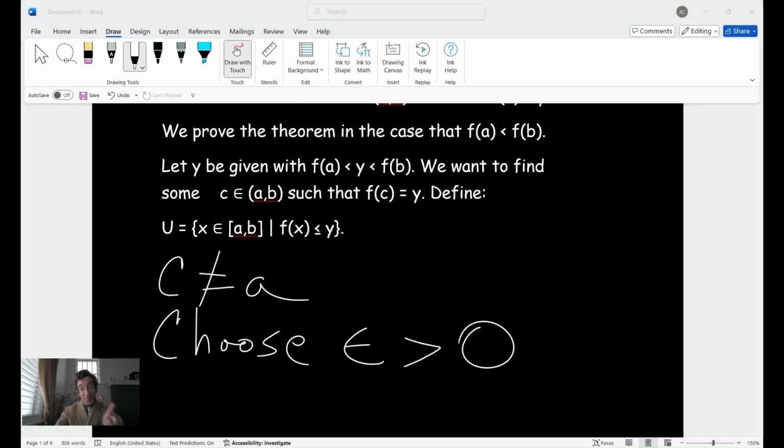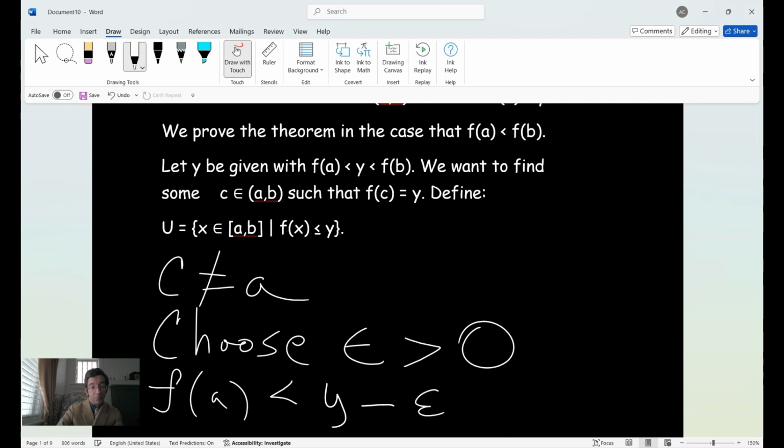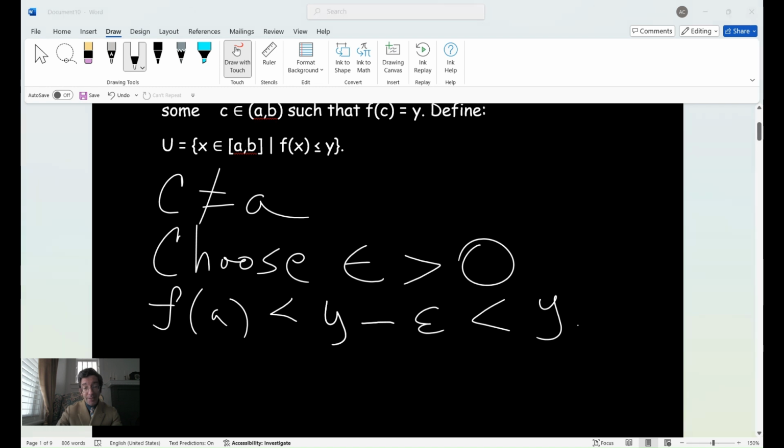And of course, f of a has to be less than y minus epsilon, and that has to be less than y. Now in this case, we could take epsilon as (y minus f of a) over 2.